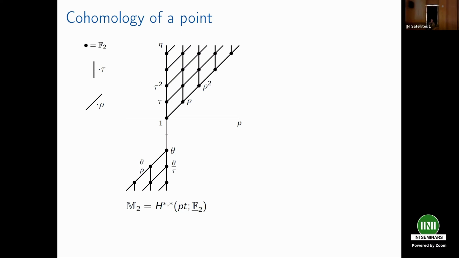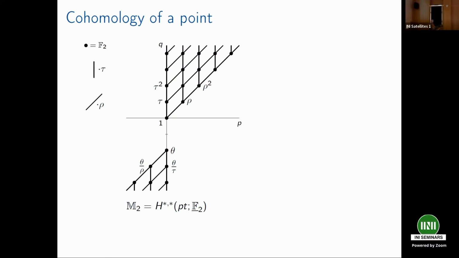So what we have here is kind of these 2 cones, and every lattice point inside the cones represents a copy of F2. Then this upper cone, as a ring, is polynomial in these elements tau and rho. So I have this whole polynomial ring, and it goes on forever.